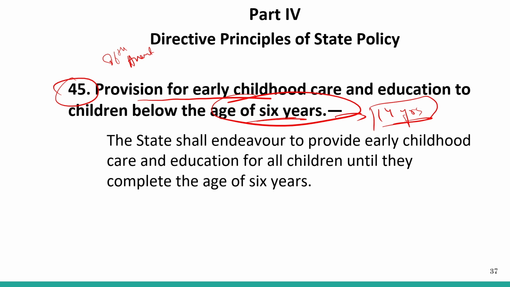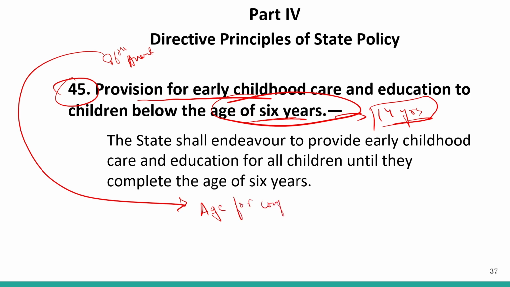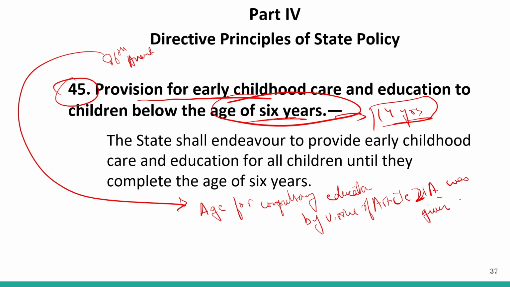So what happened under the 86th Amendment is that the age for compulsory education by virtue of Article 21A was given to children up to 14 years, lesser than or equal to 14 years.